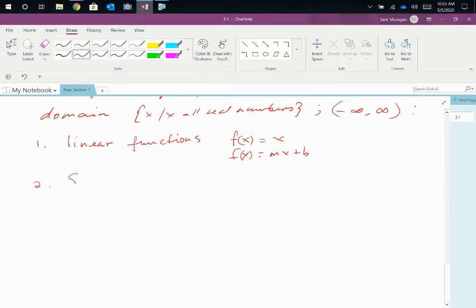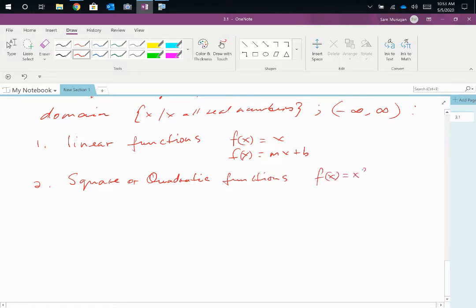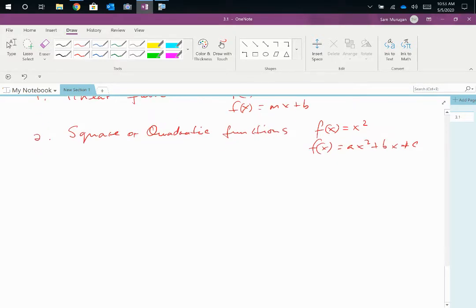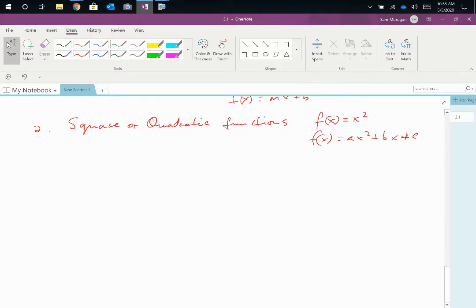Any square or quadratic functions, anything in the form f of x equal to x squared, or f of x equal to ax squared plus bx plus c, anything in that quadratic form has a domain of negative to positive infinity.